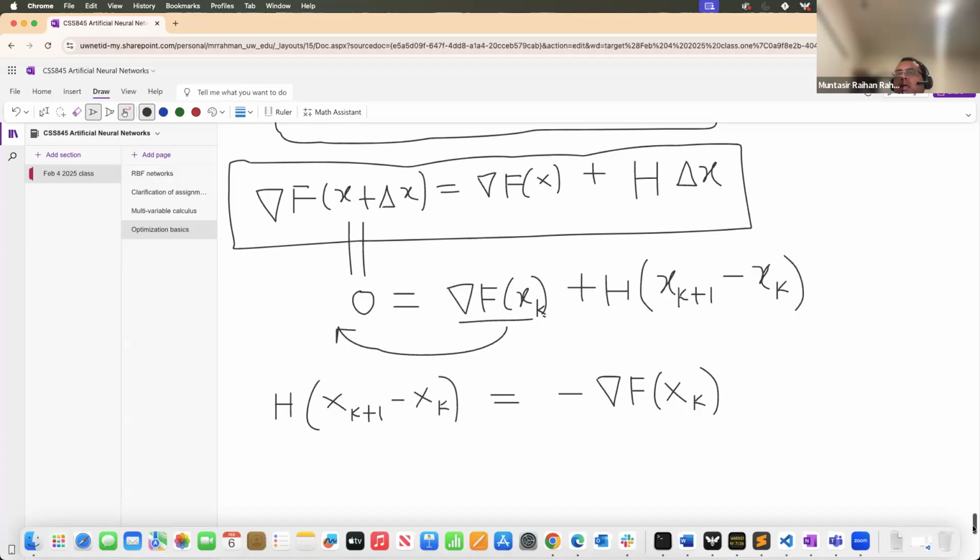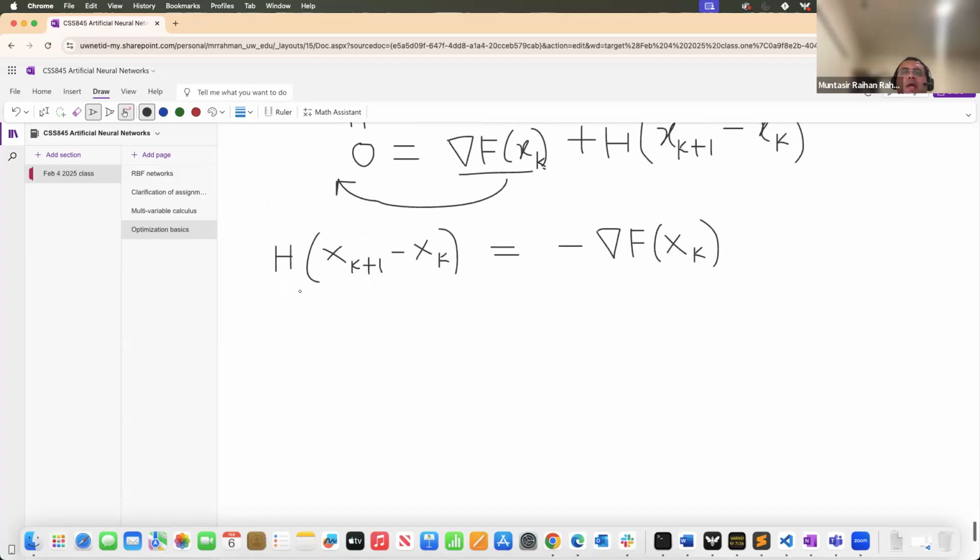Now H is the Hessian. We know that for the minimum it has to be positive semi-definite, and it's also symmetric. To get rid of this H, I need to multiply by the inverse, and here we're assuming that the inverse exists.